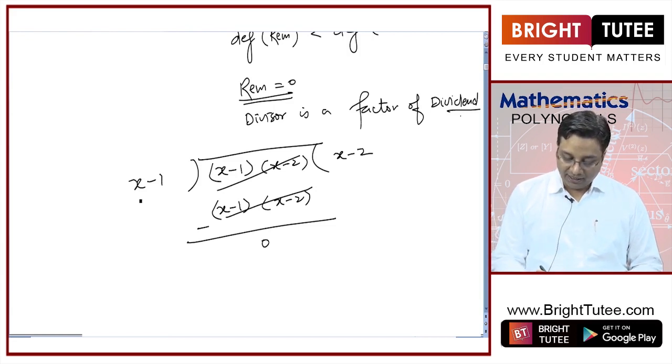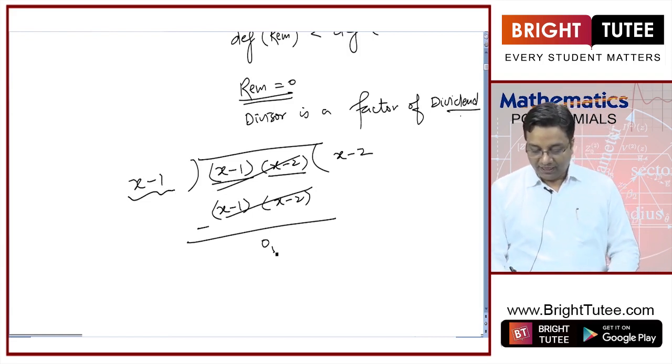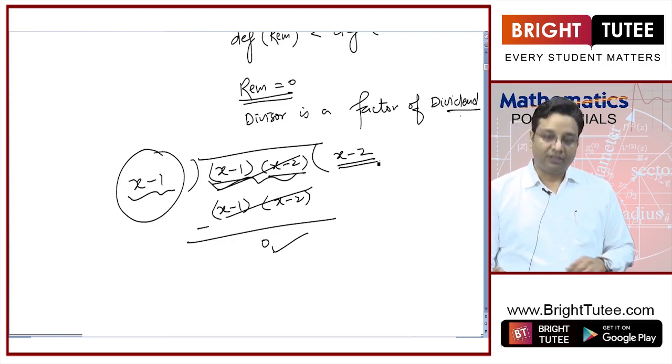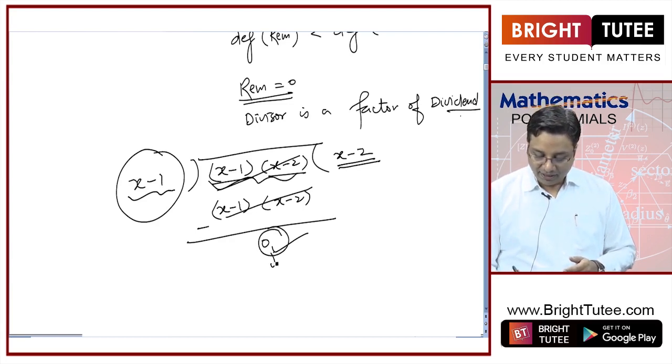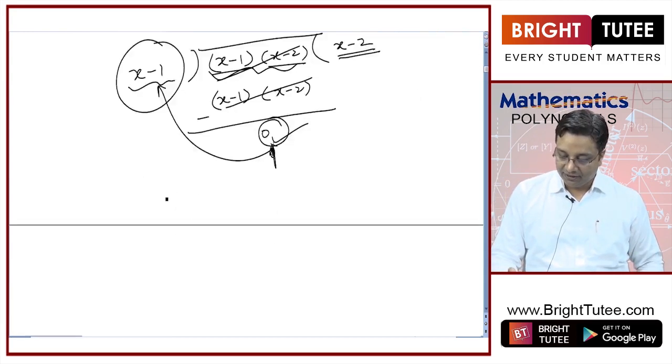So I can say that x minus 1 is a factor of (x minus 1)(x minus 2), which is quite obvious also. So I will get 0 when the divisor is a factor of the dividend. Otherwise I will get some quotient and some remainder, where the degree of the remainder is lesser than the degree of the divisor.